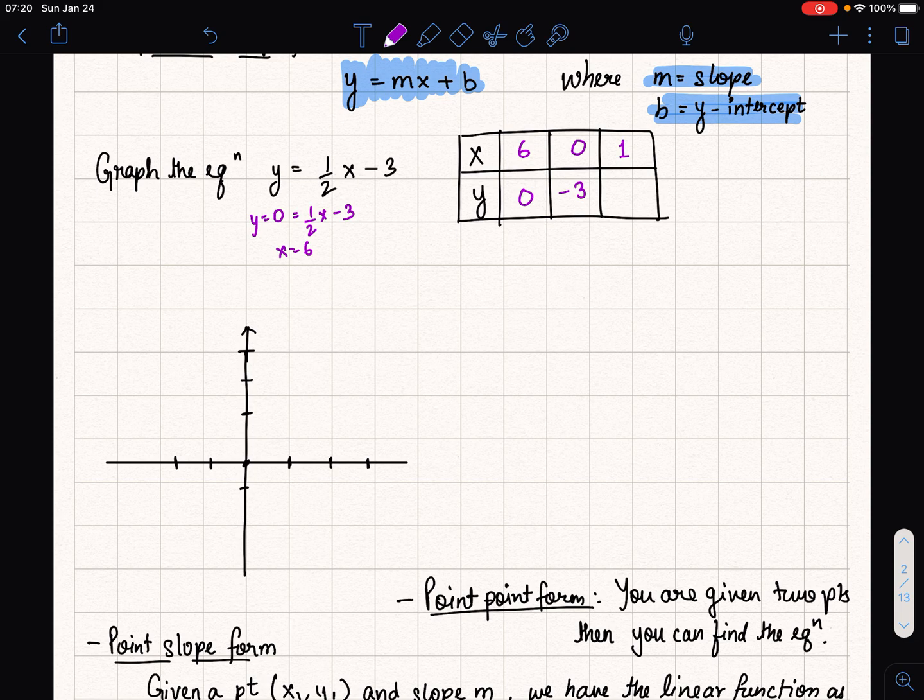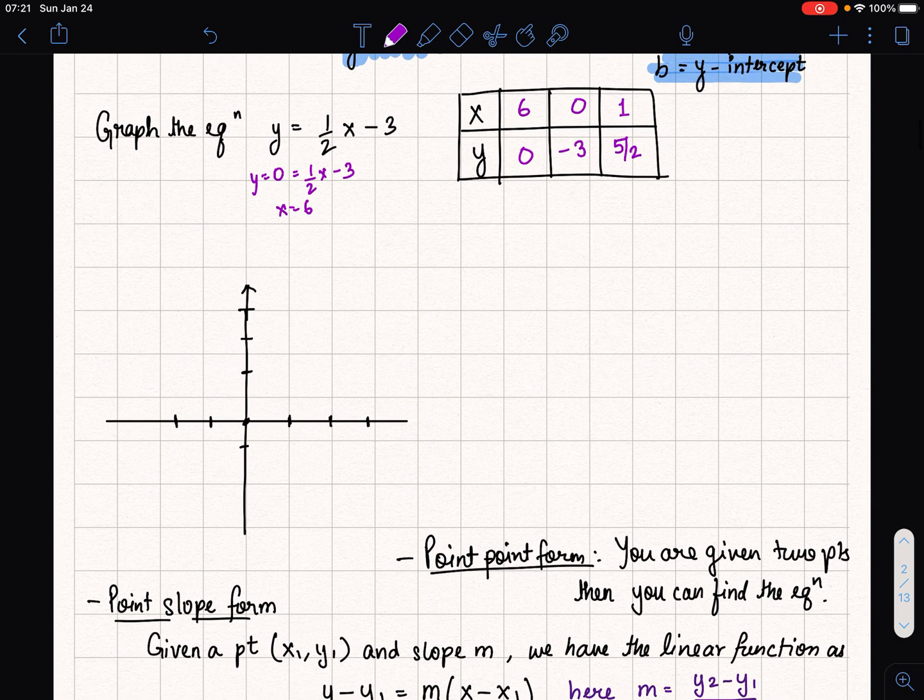As x is 1, we have y equals 5 over 2. So now let's plot these points on the graph, on the Cartesian plane.